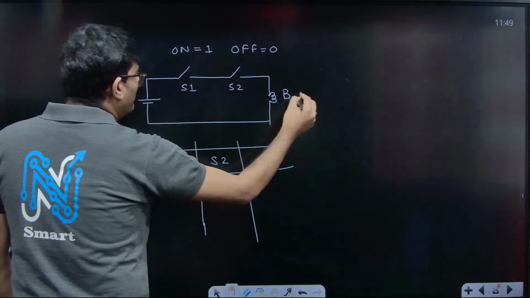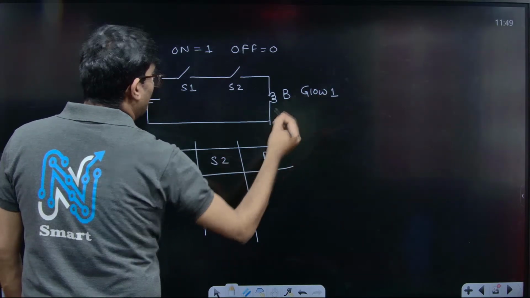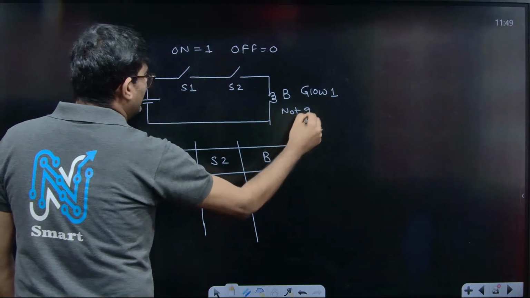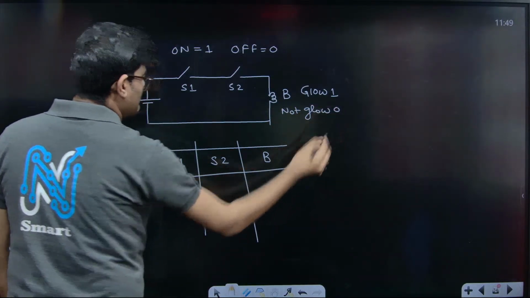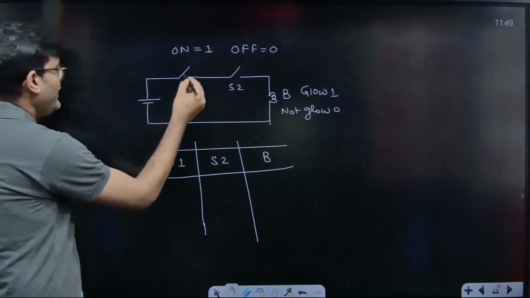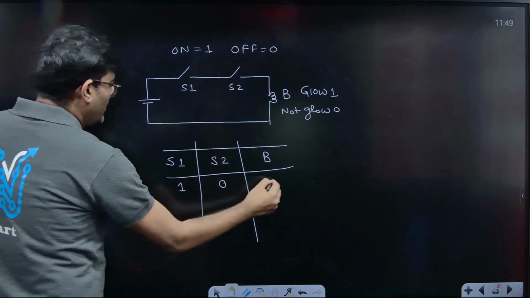When the bulb will glow, we will say it is 1, right? When the bulb will not glow we will say it is 0. So what do you think the table will look like? You can see when S1 is on but S2 is off, bulb will not glow.